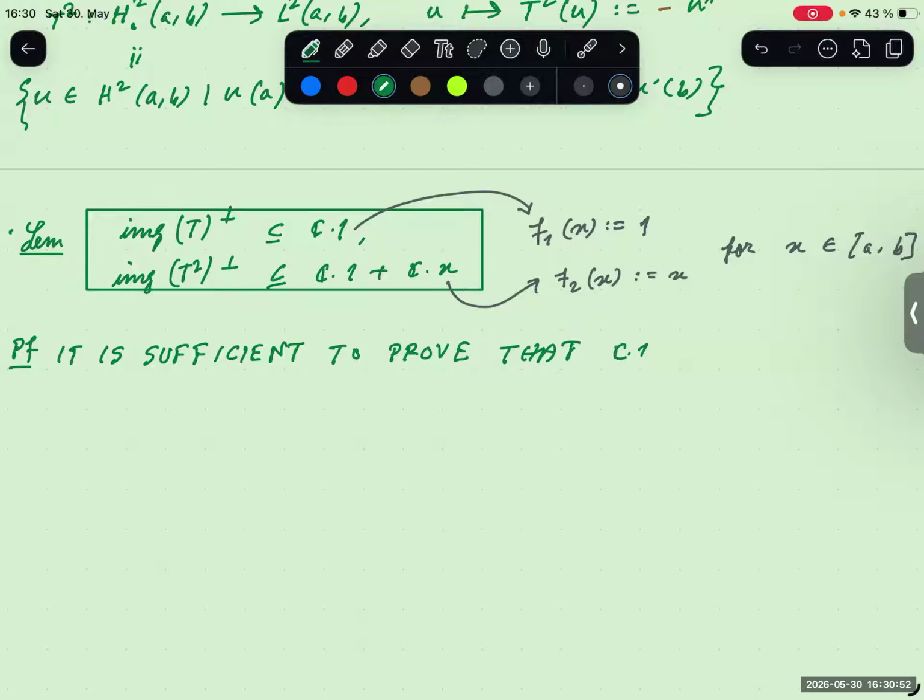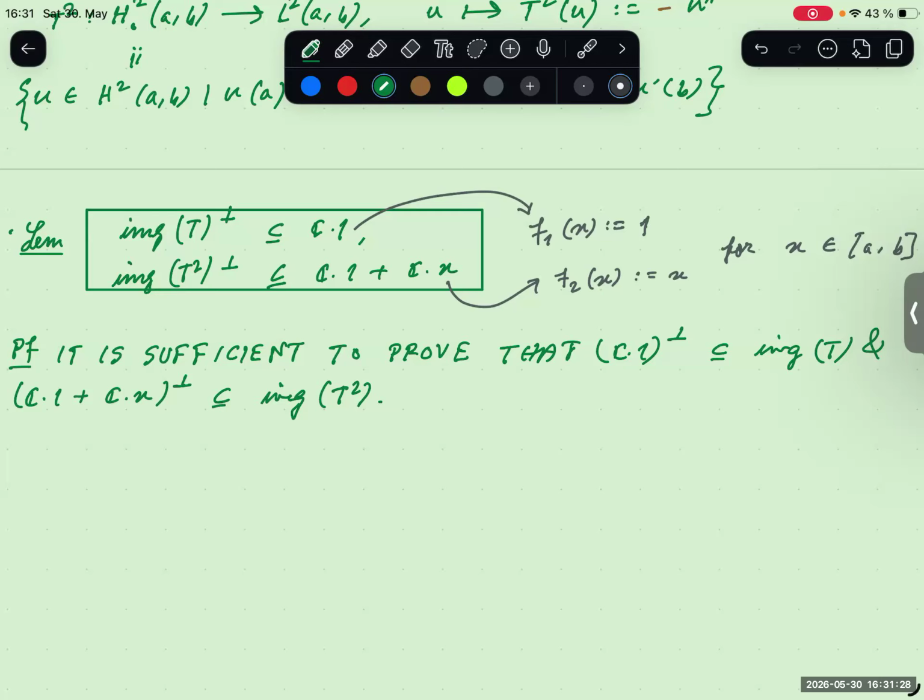That means C1 perpendicular is in the image of T, and C1 plus Cx perpendicular is in the image of T star. Okay, and how do we see that?